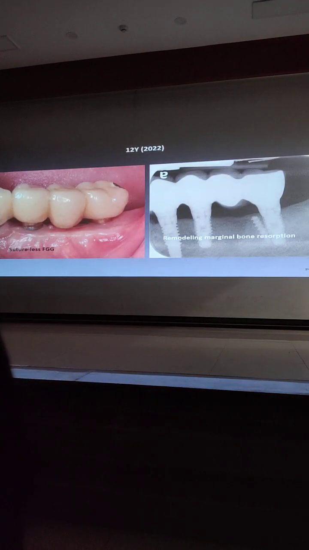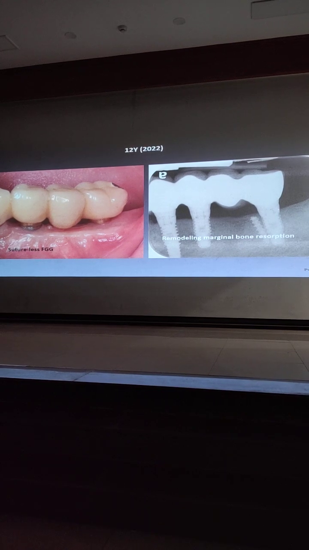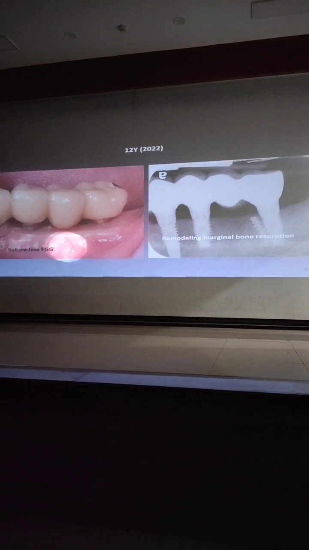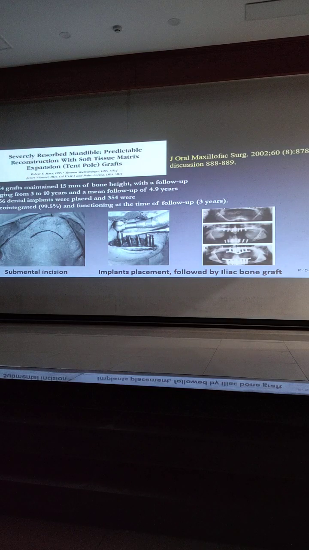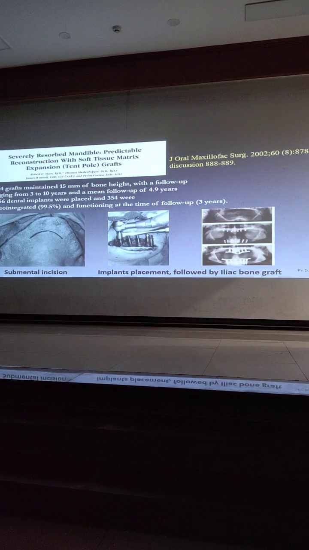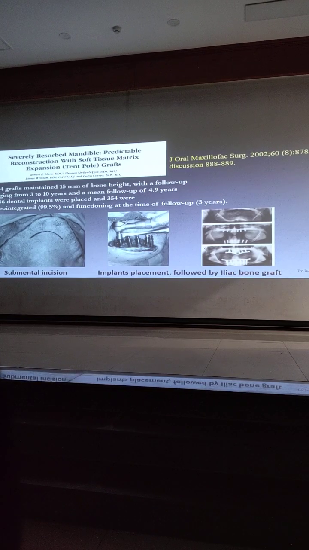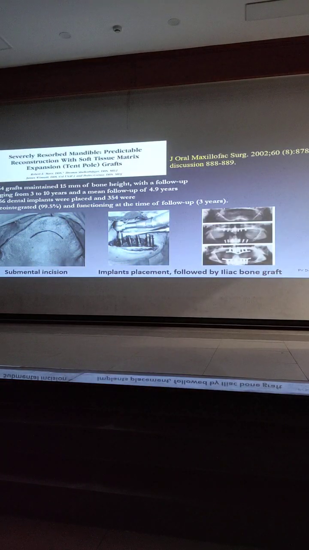For the longevity of implant restoration, this is the physiology. You can see the remodeling of marginal bone absorption around implants. If you calculate 24 screws, one places implants at the same time as 24 implants.